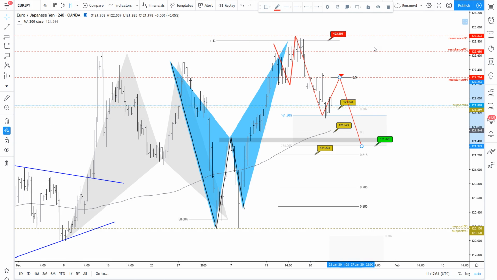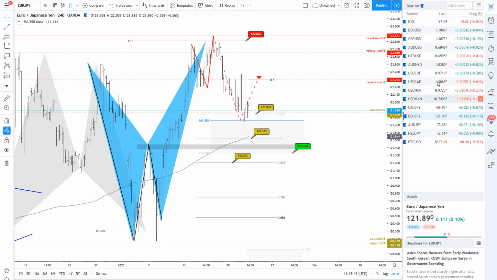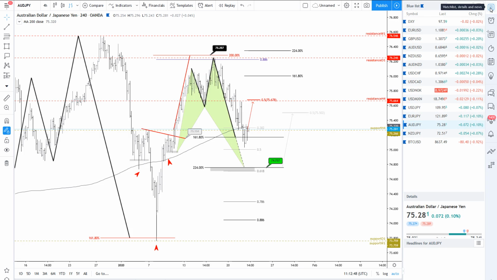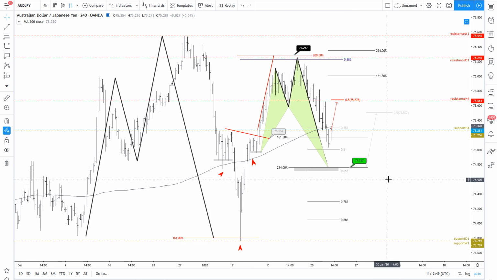Let's wait and see. At this point, those are just virtual expectations. We need the price to confirm that, and if that happens, we already know what to do. This is euro versus the yen, and let's move to the Australian dollar versus the yen.